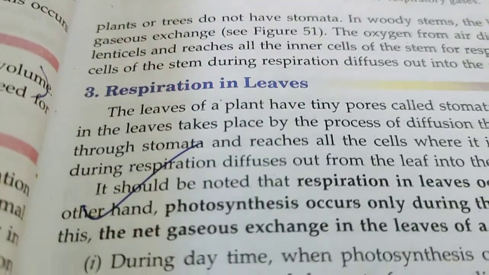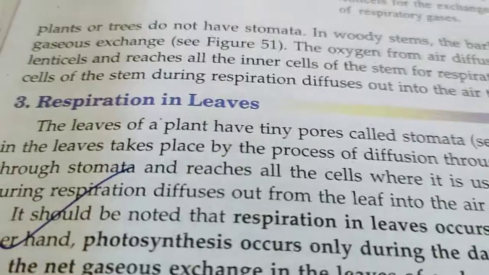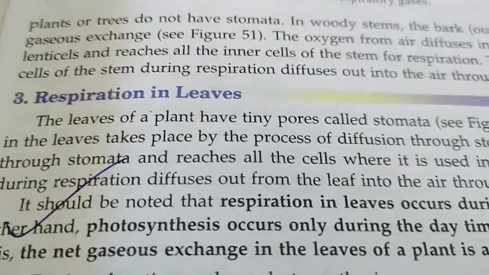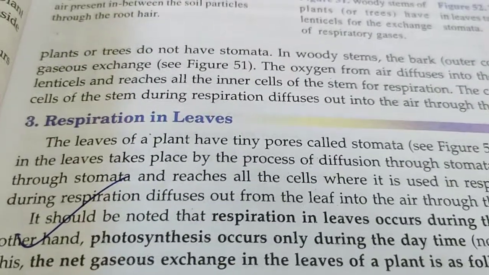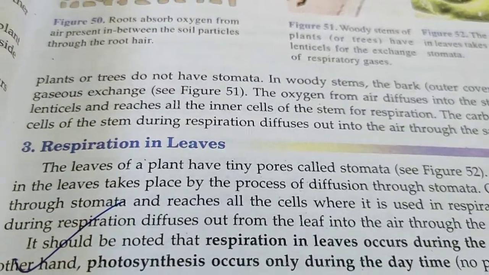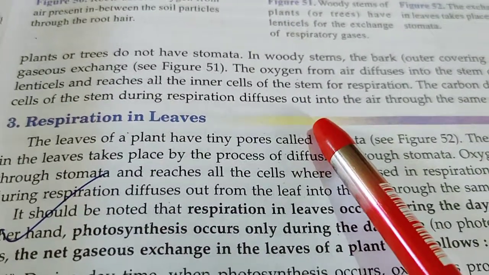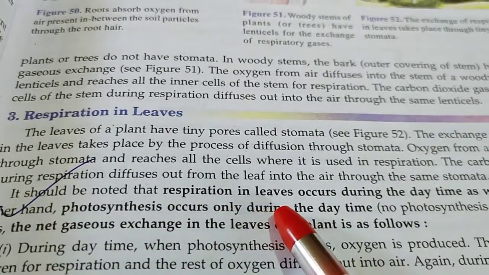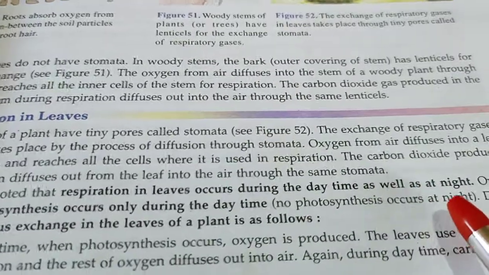Next, respiration in leaves. Now, as we all know, the stomata is the basic structure which helps in exchange of gases, because leaves of a plant have tiny porous structures called stomata. So we should note that respiration in leaves occurs during the daytime as well as at night.